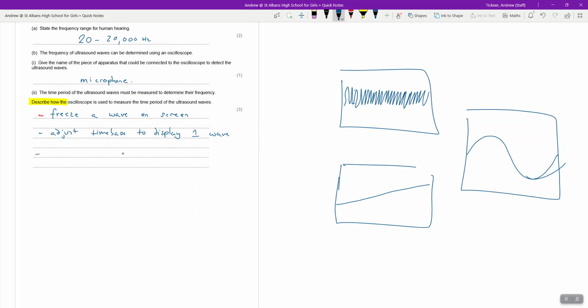The third mark is for saying, okay, what do we then do? So we determine the number of squares for a wave cycle, and then we multiply by the time base setting.